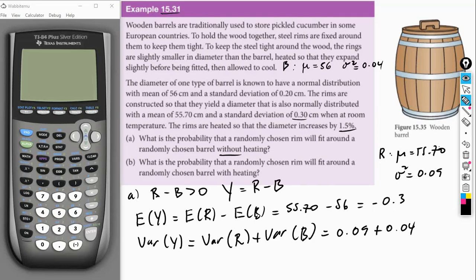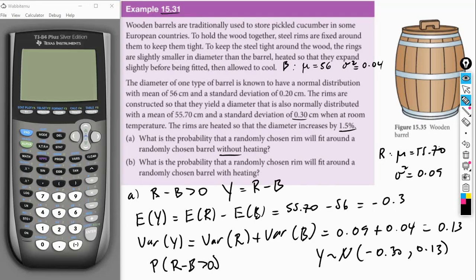And this is going to equal 0.13. So the probability that we want to find is the probability that R minus B is greater than 0. In other words, we need the area under the curve for the normal distribution with a mean of minus 0.30 and a variance of 0.13.